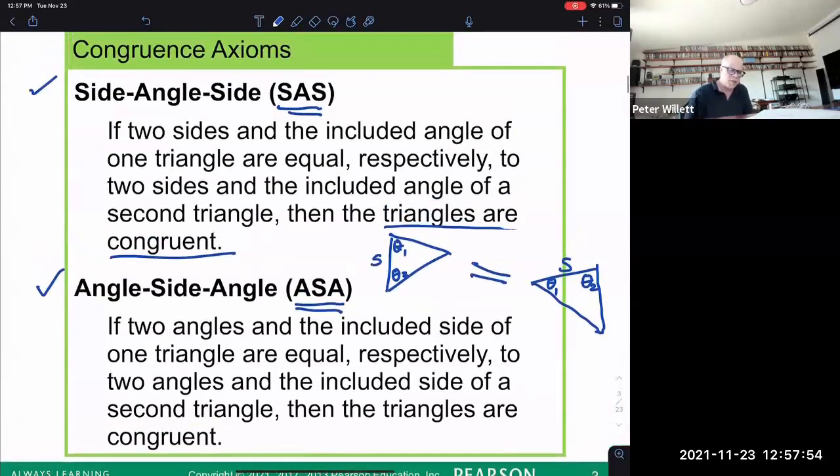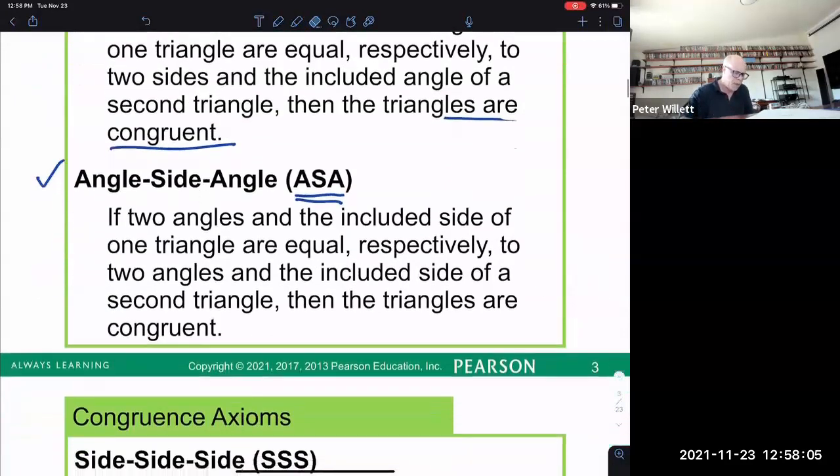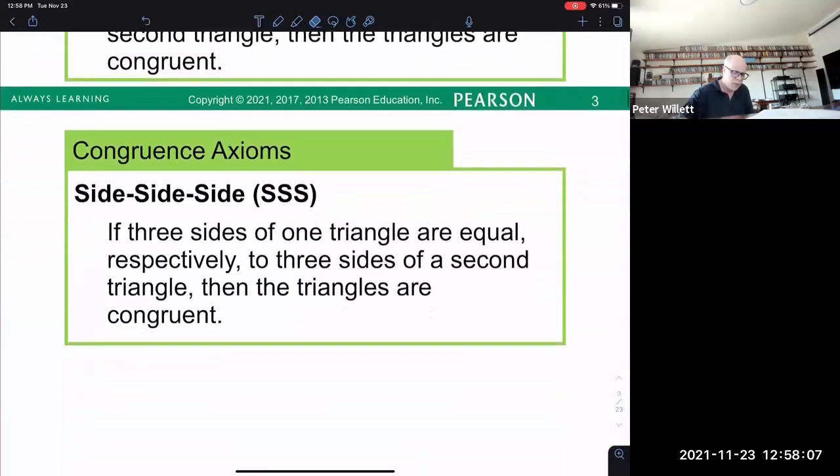And the SAS congruence says if two sides and the angle between them in two triangles match, then the triangles are equal to each other. They're the same triangles. Then there's one more, and the simplest is if all three sides are the same, then the two triangles are equal. And that's the SSS for side, side, side.